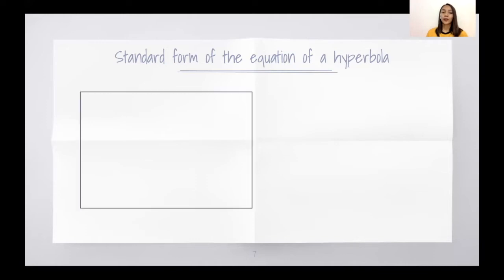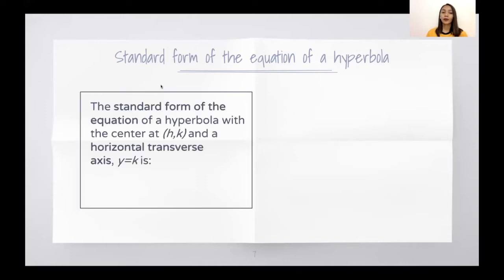So first, we have the standard form of the equation of a hyperbola with the center at (h, k) and a horizontal transverse axis where y is equal to k: the quantity (x minus h) squared all over a squared minus the quantity (y minus k) squared all over b squared is equal to 1. So this is the standard form of the equation of a hyperbola if it is a horizontal transverse axis.